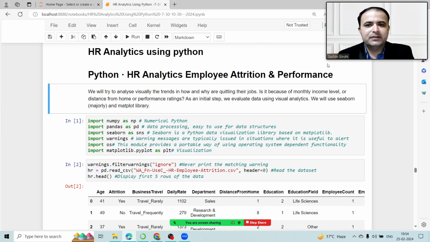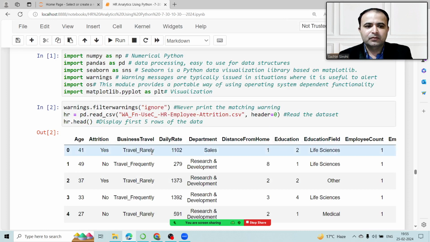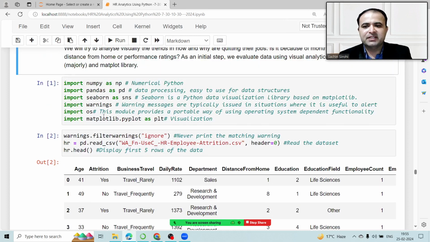In this project, I have used lots of libraries like NumPy for numerical work, Pandas for loading the data, Seaborn for data visualization, warnings for some alerts, and OS for the operating system, and Matplotlib for data visualization.